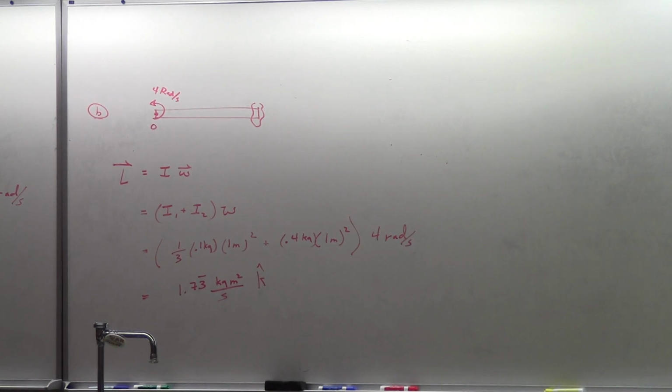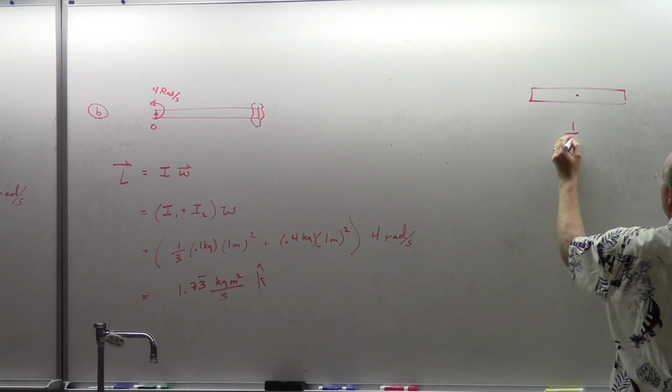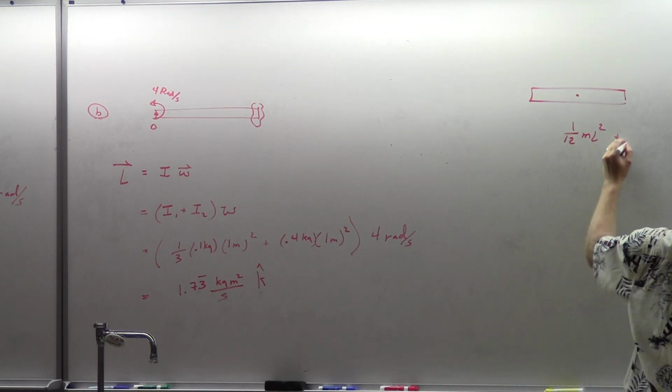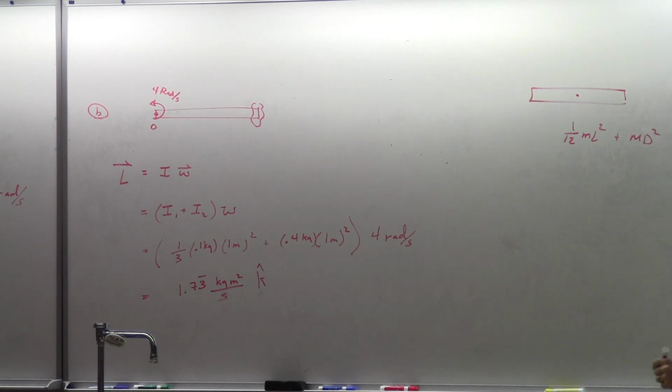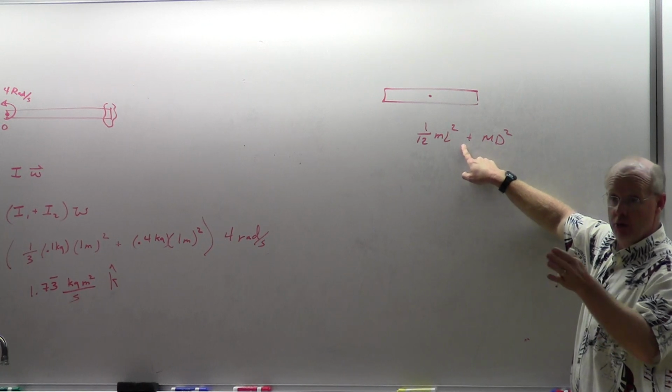That's not how you got 1/3. Where did you get that from? Oh, now I didn't derive it today, but this is the rotational inertia of a rod about its end. I got that from the parallel axis theorem. So we did derive it at its center, 1/12 ml squared, and then applying the parallel axis theorem, meaning that if you wanted to know the rotational inertia of an object at some point other than its center, you start with its center, and then you add up how far you moved it.